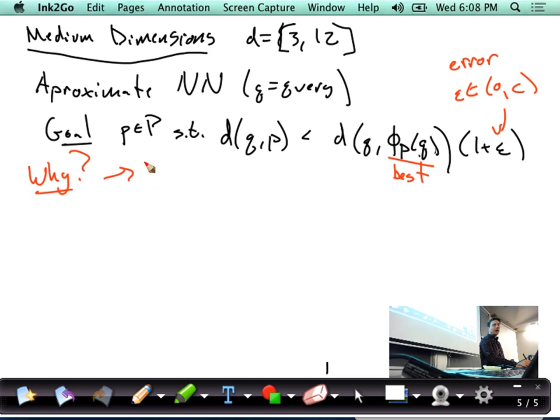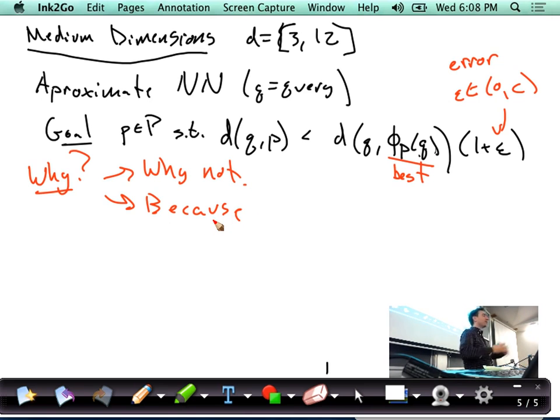If someone says why, there are 2 great answers. One is why not, and the other is because. If it's because, it's because I said so, right? I'm telling you this is nice or beautiful. But why not is, yeah, the approximate distance is probably close enough.